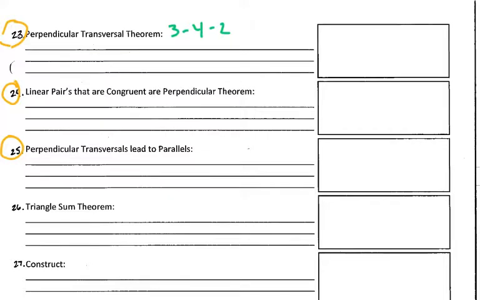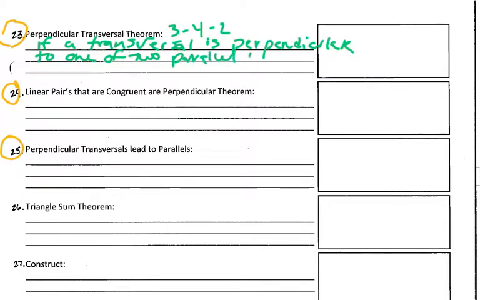So we're going to say if a transversal is perpendicular to one of two parallel lines, then it's perpendicular to the other line. And I'm just going to say to both.